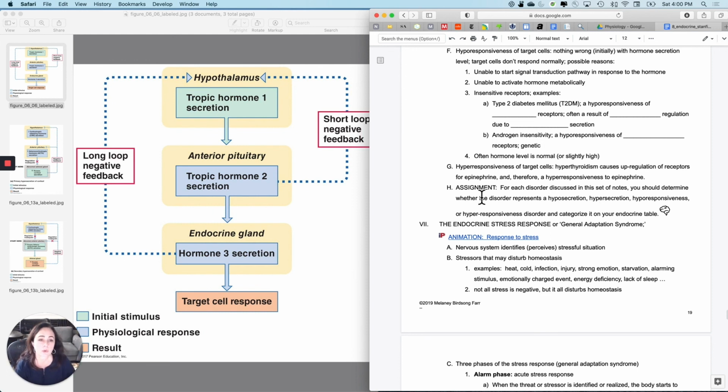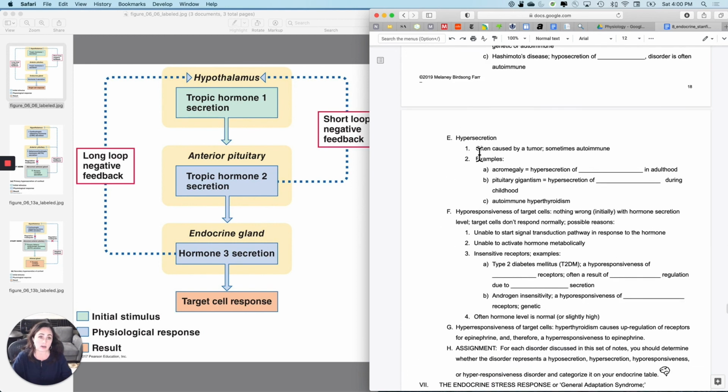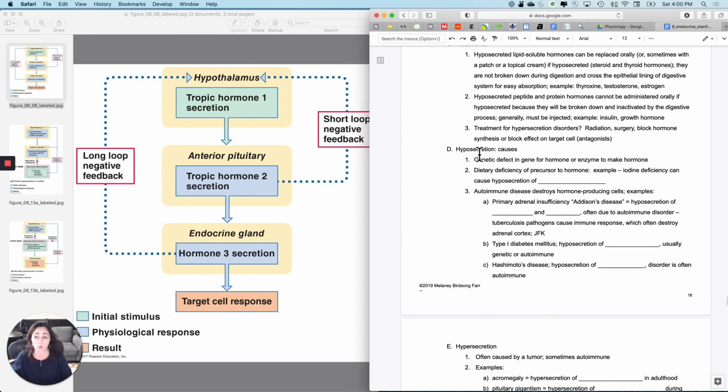Okay, so the assignment here is for every disorder that we already discussed, you should try to determine whether the hormone represents hypo or hyper secretion or hypo or hyper responsiveness. Now, you do not have to know whether it's primary, secondary, or tertiary unless I give you hormone levels.